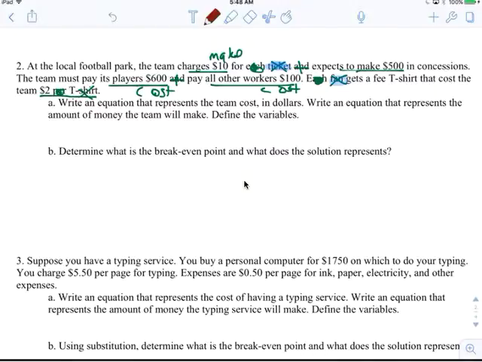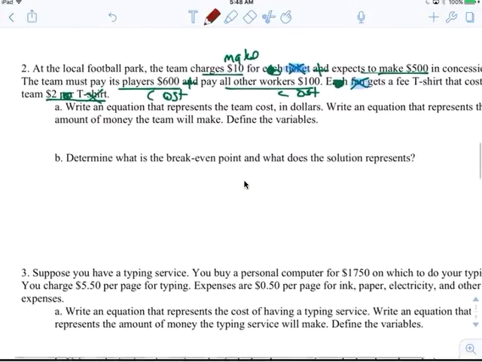So the first expression for them to make money, write an equation that represents the team cost in dollar. Okay, the cost is, put cost here. The cost, 600 plus 100.